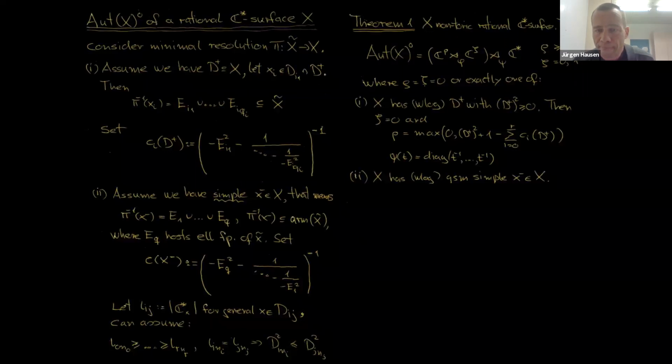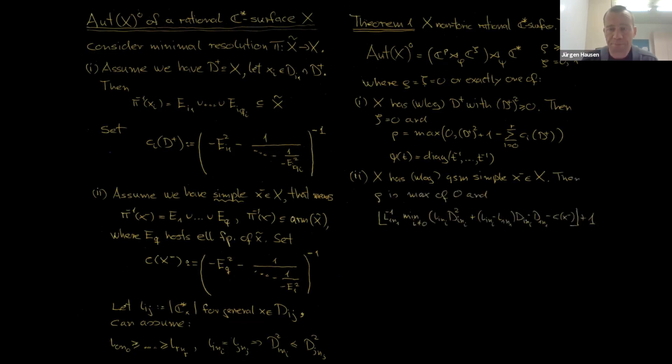And the twisting homomorphism looks simple. It's just a diagonal matrix, row by row, having t to the minus 1 on the diagonal. More interesting is the situation of a quasi-smooth simple elliptic fixed point x minus.